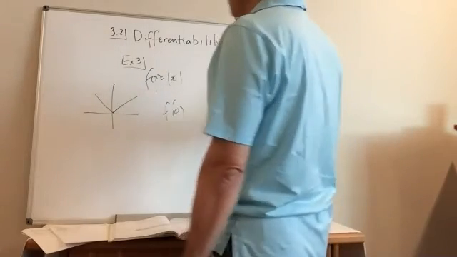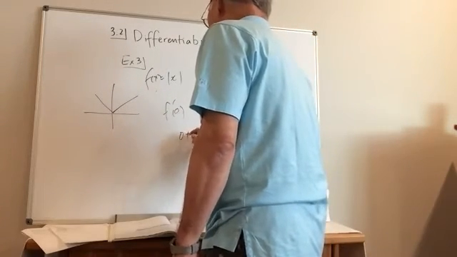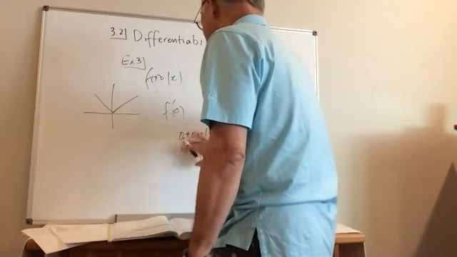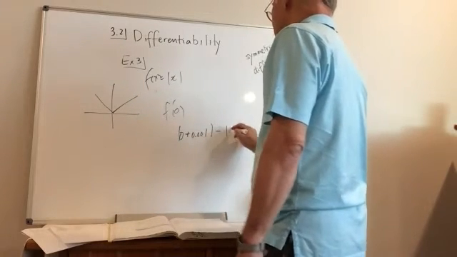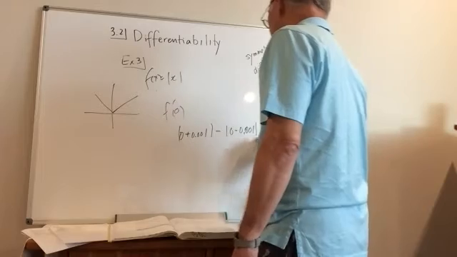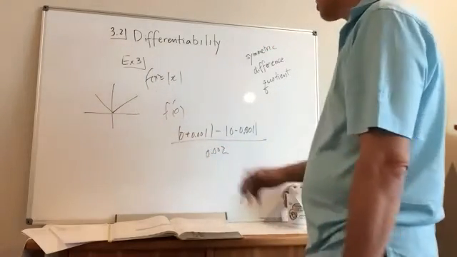If I use a symmetric difference quotient, what am I going to get? I'm going to get 0 plus 0.001, and it's going to be the absolute value, because the function is the absolute value, minus, I'm going to go the other direction, over 0.002.